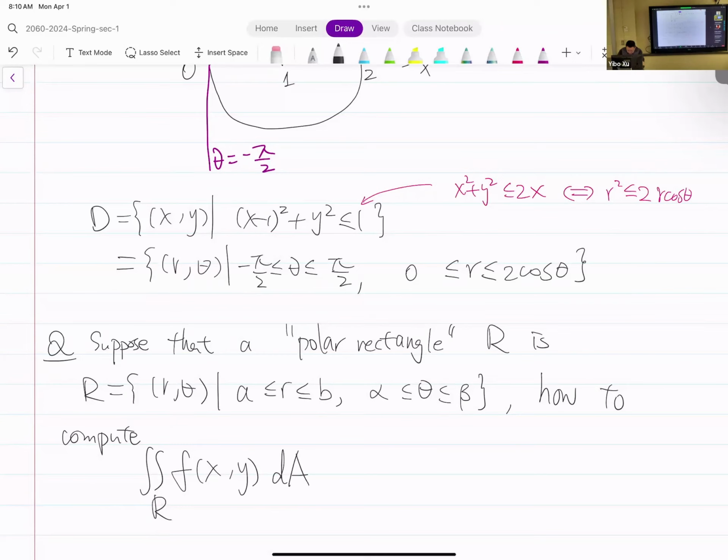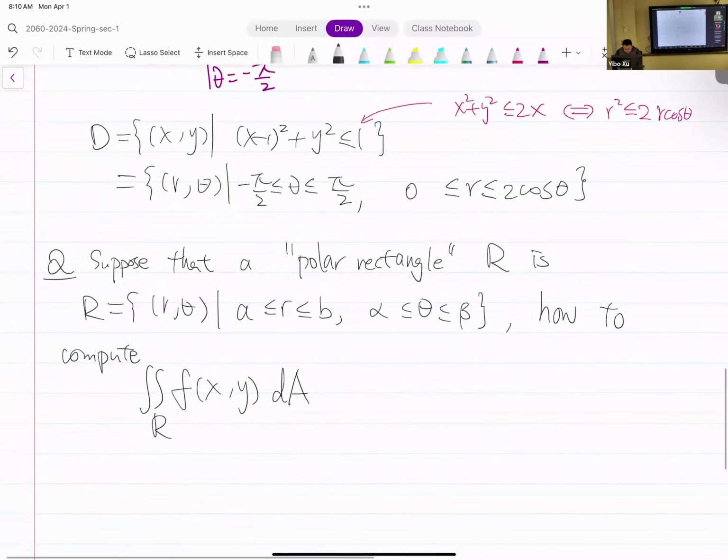Okay, so basically, we have a region R like this, and then we have a function in terms of x and y. And then we are just accumulating it, multiplying the way that you subdivide the region R. So this dA is still the way that you subdivide the base.